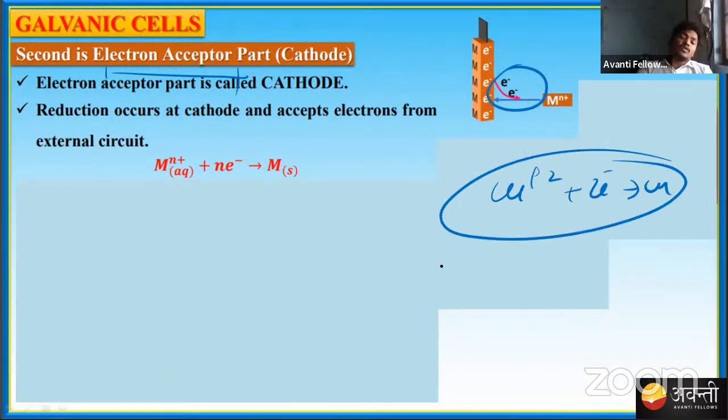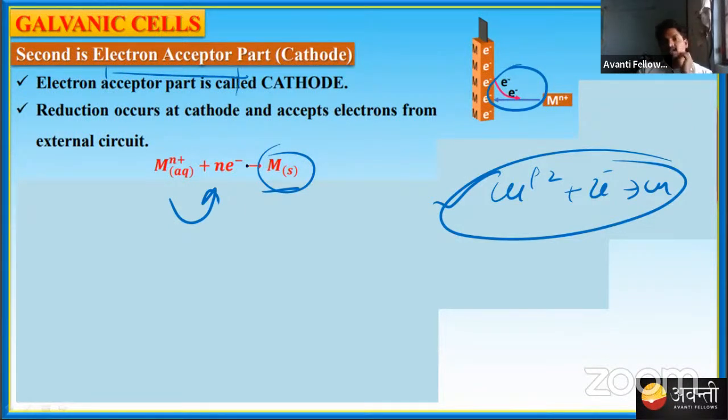Sir, is it only valid for copper? The galvanic cell is valid for everyone. Whatever the metal may be, the metal is consuming 2 electrons and becoming a solid. So we can also say that the cathode is where the reduction will occur.